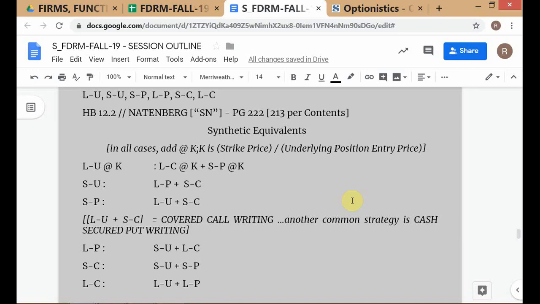All these things will sink into your head if you do the Natenberg readings also. This concept of constantly monitoring the cost of the synthetic equivalent in the market and immediately looking for arbitrage opportunities if there is any difference, all that detail is there in that book. Is this clear? Now you understand why, at a very base level, we worry about synthetic equivalents.